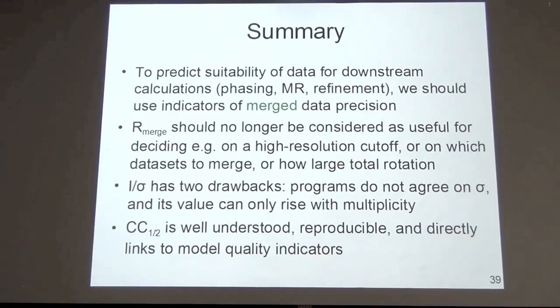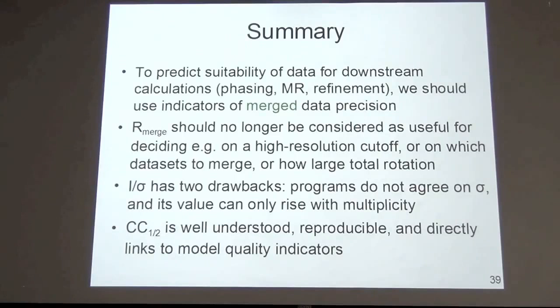So there's no way to get around this. So the I over sigma values from, let's say, HKL 2000 or XDS or MOSFLM, they don't agree at all. Sometimes they're different by a factor of 2 or 3. So this is not a very nice indicator to use for your Table 1, I would say.